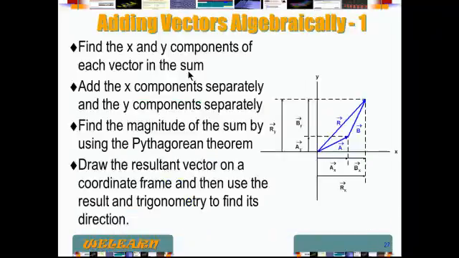Okay, so in summary, to add vectors algebraically, we need to find the x and y components of each vector in the sum, first thing. Then add the x components separately and the y components separately. Then we'll find the magnitude of the sum by using the Pythagorean theorem.